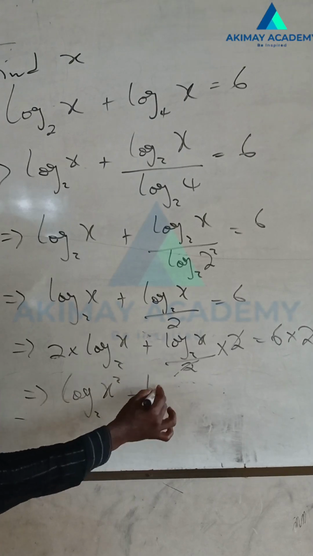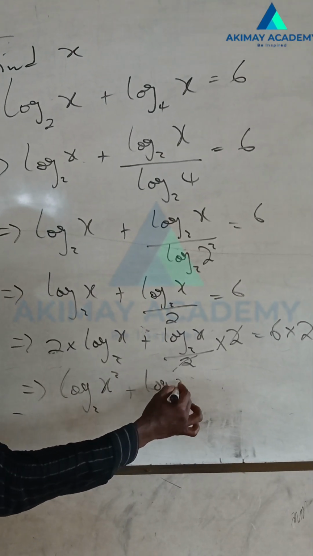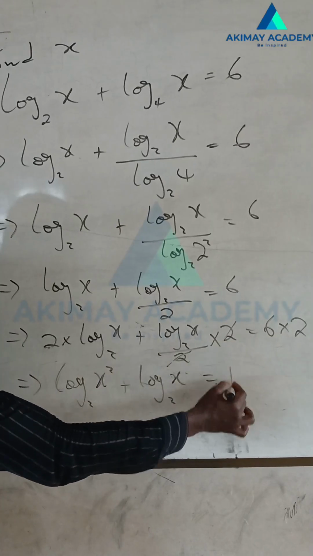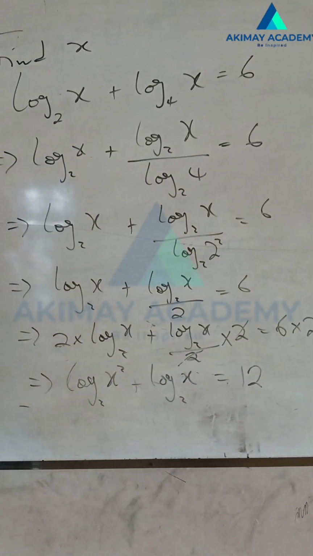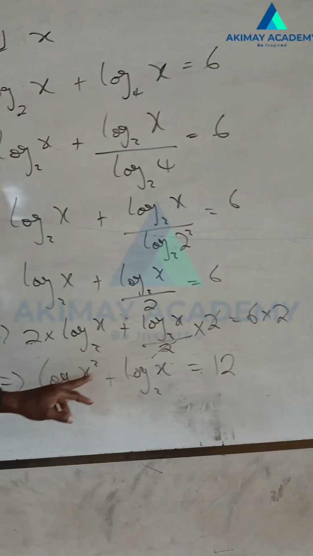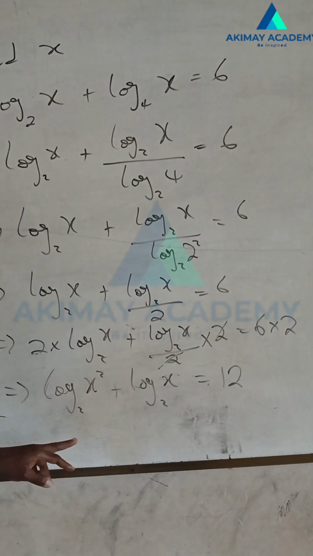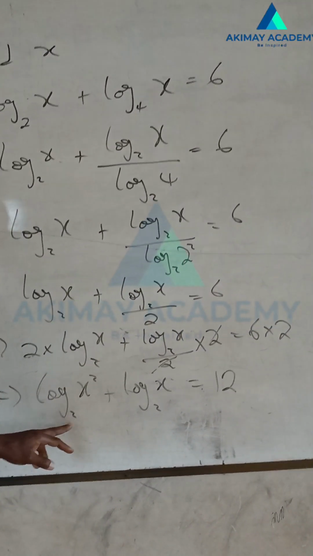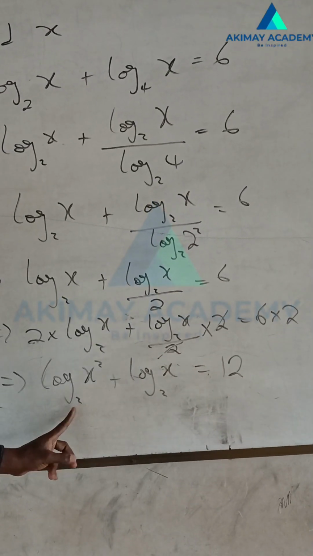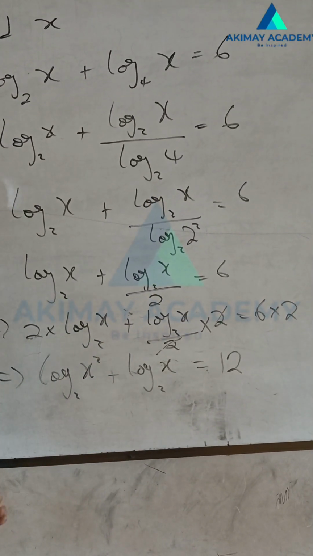So plus log x to the base 2, and this is equals to 12. Okay, so that's what we have. Log x to the exponent of 2 to the base 2 plus log x to the base 2 equals 12. Now you can see that the bases are now the same.